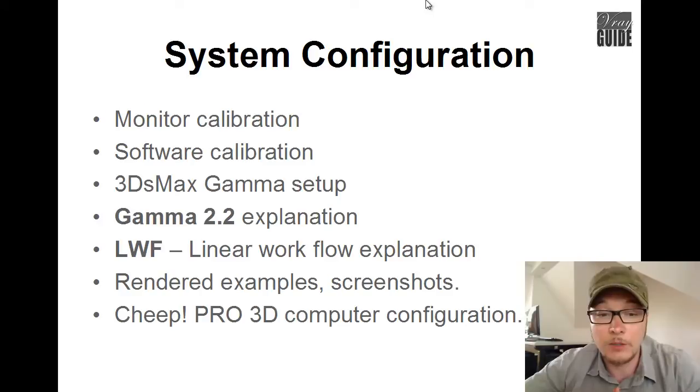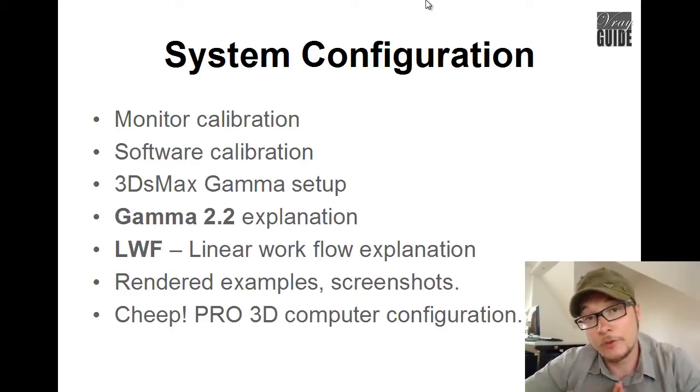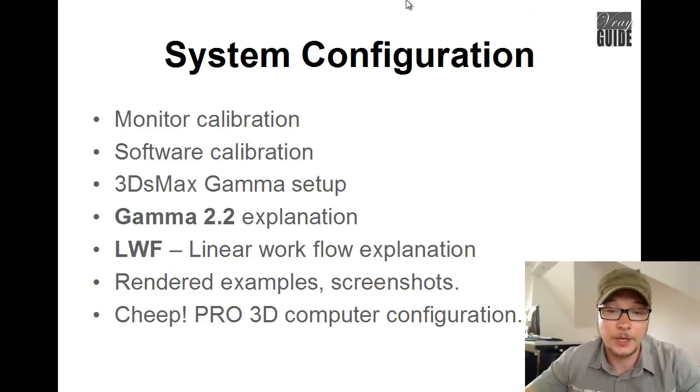The explanation about linear workflow. I'll be giving some rendering examples for that matter, and I'll give you a really cheap computer configuration that you can buy, a really professional 3D computer, without giving out much money.